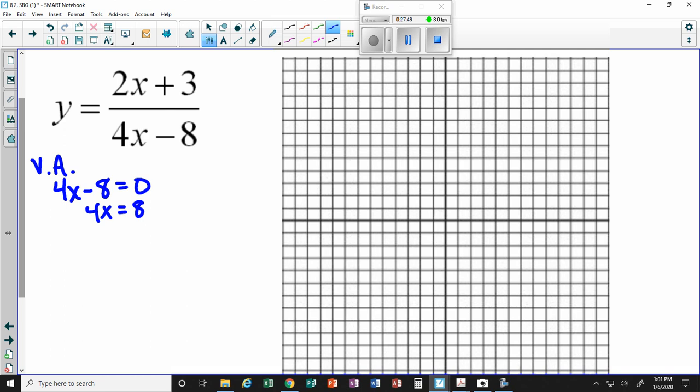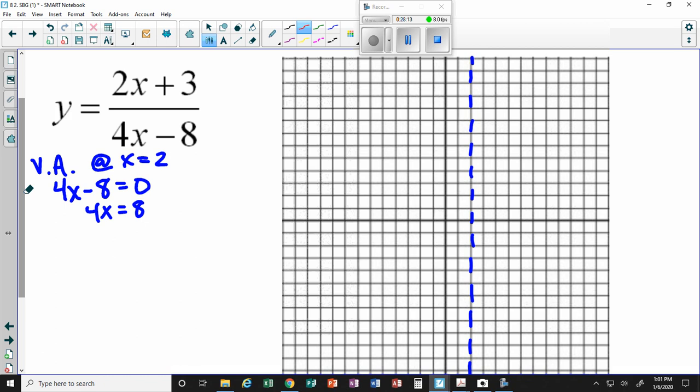Divided by 4. So what's 8 divided by 4? So it's going to be x equals 2, my vertical asymptote. Set that in. So now, how do I find the horizontal asymptote?